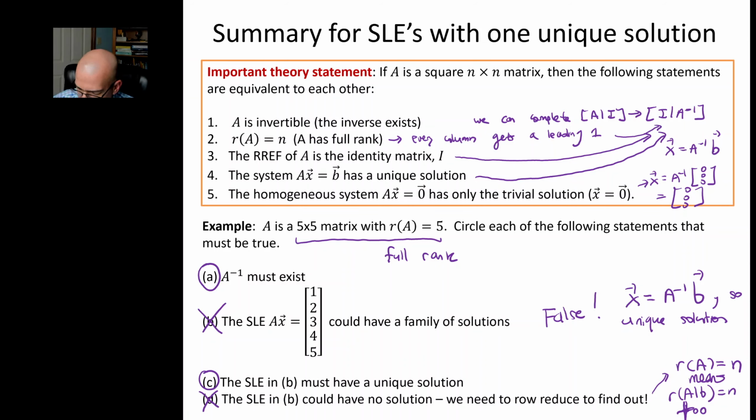What am I saying? Number of rows, rather. So you have 5 rows, you have a rank of 5. Adding another column does not allow you to add another leading 1. You need another equation as well. So augmenting doesn't add another equation, it just adds another column.